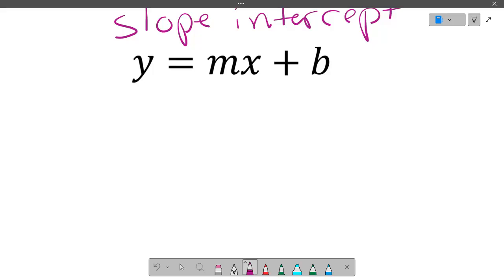More specifically. What are some examples of what y could represent in context? There's a bunch of different answers.